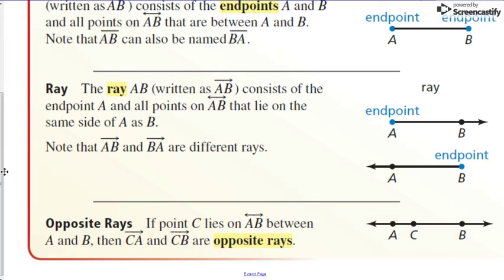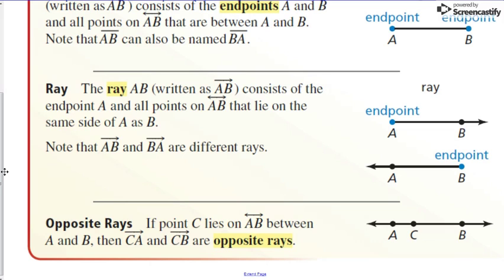It does have to start with the endpoint though when you name it. So in the first picture, we can name it ray AB because the endpoint is at A. In the second picture, we'd have to name it as ray BA because B happens to be the endpoint.